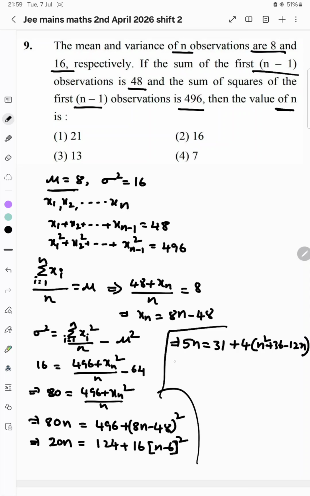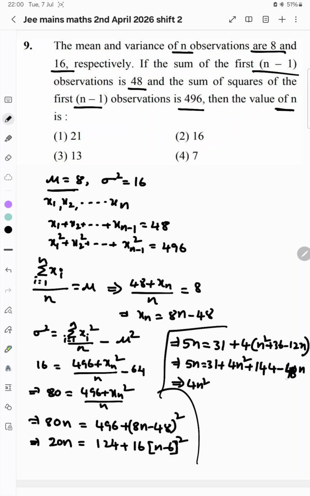Now let's calculate. 5n as it is, equals 31 plus 4n square plus 4 times 36, which is 144, minus 12 times 4, which is 48n. Finally we get a quadratic equation in n: 4n square minus 48n.